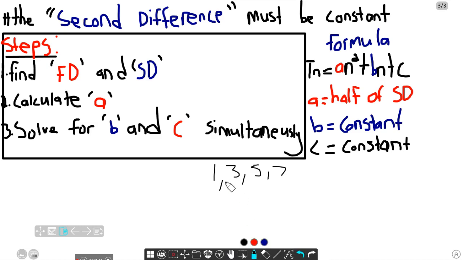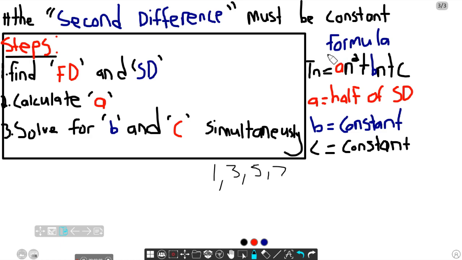Now, in quadratic, you have to kind of do both. You need to find your first difference and you need to find your second difference, right? And then after that, you need to calculate your A, which I'm going to further explain. And then number 3, you need to solve for B and C simultaneously.